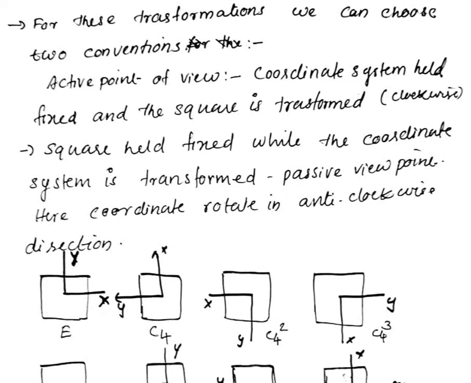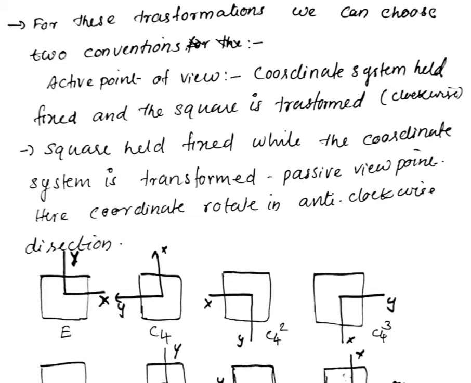We can rotate the square in another way also. That is, to keep the square fixed, and we rotate the coordinates, but not in the clockwise direction, but in the anti-clockwise direction. That type of convention is known as the passive viewpoint.